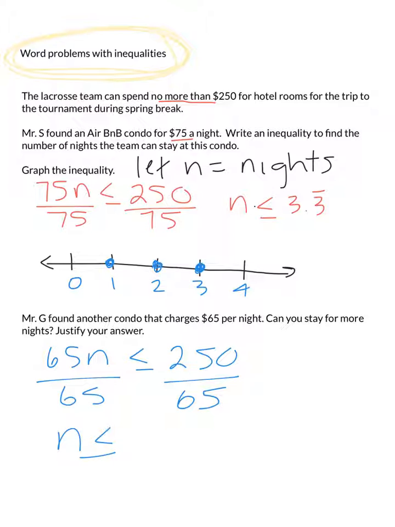So 250 divided by 65 is 3.84. So can we stay at this place? No, we can't because it's still only 3 nights. So no, because we need to have it be 4 or higher for us to get that 4th night.